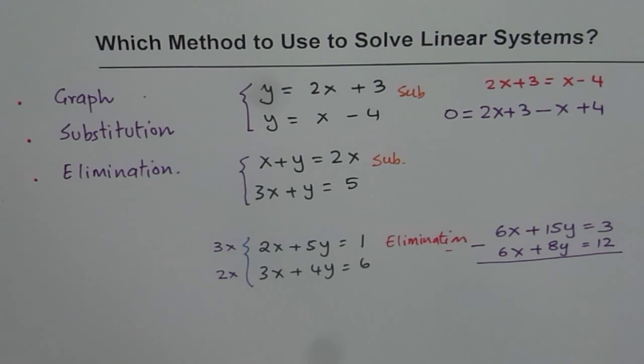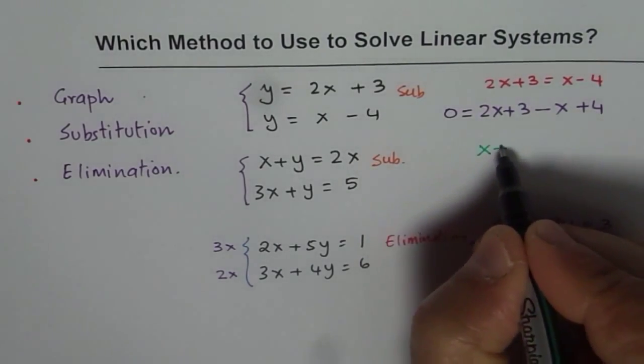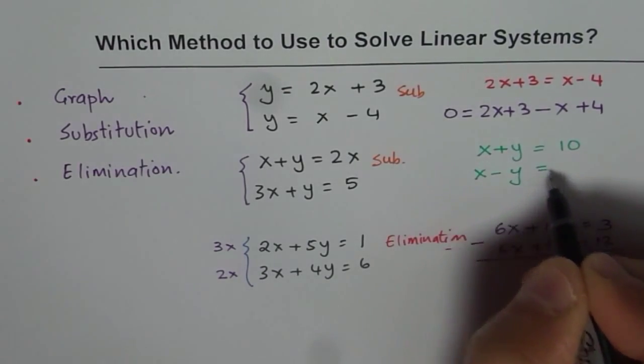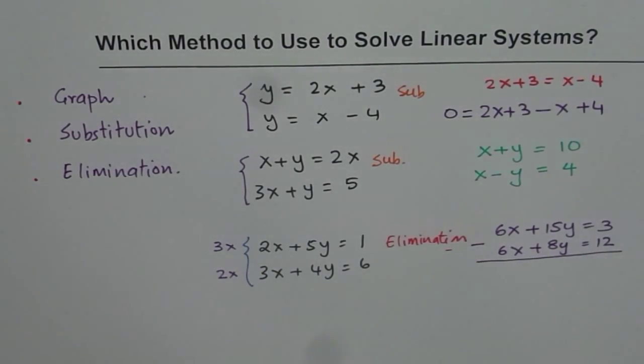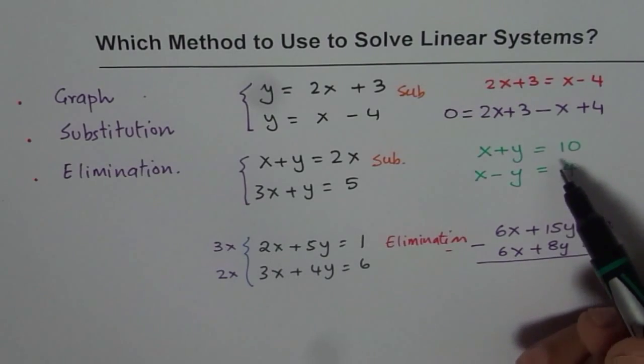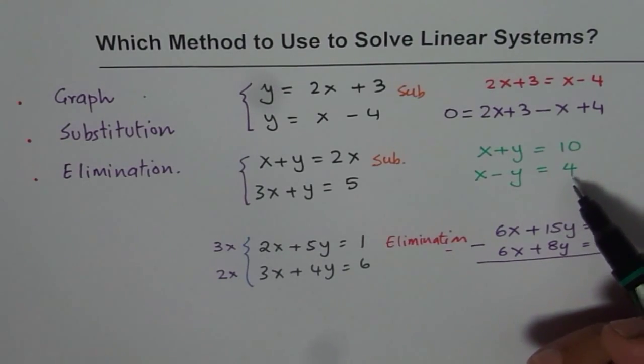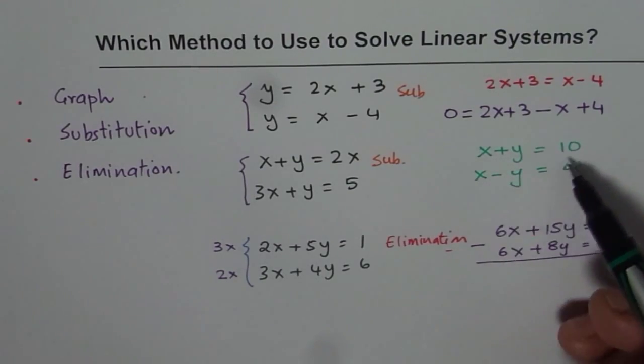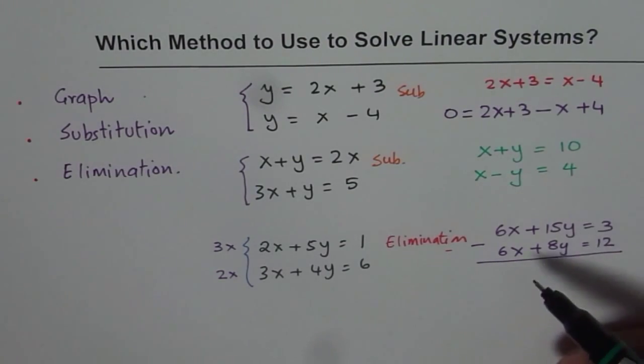Well, there are situations where both substitution and elimination methods can be effectively utilized. Let me give you a few examples. For example, if I have equations x plus y equals, let us say 10, and x minus y equals, let's say 4. Here, elimination can immediately give you answers. If you add these two equations, you eliminate y, so 2x equals 14, x is 7.